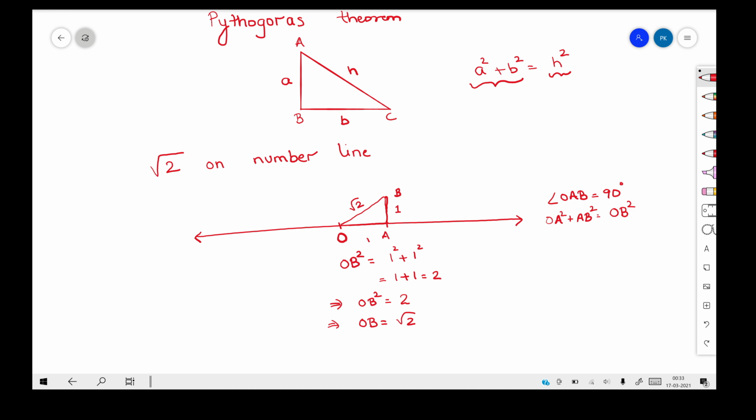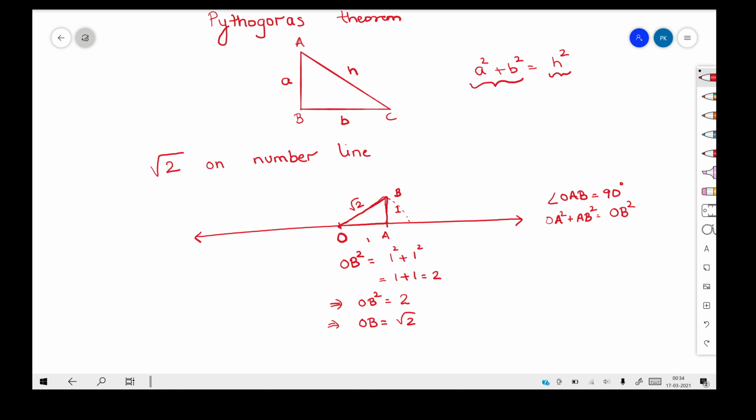Now we have to find this same point on the x-axis, on the number line. So what we do, we take a compass and from point O, we measure OB. Then keeping the needle on O, we draw a circle.